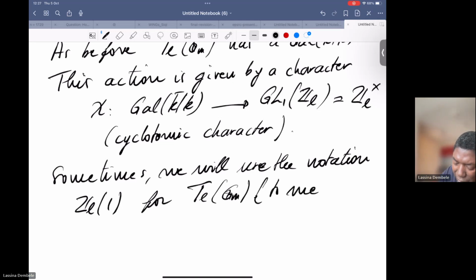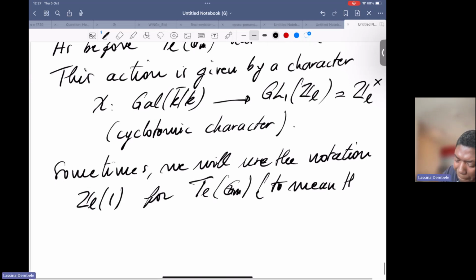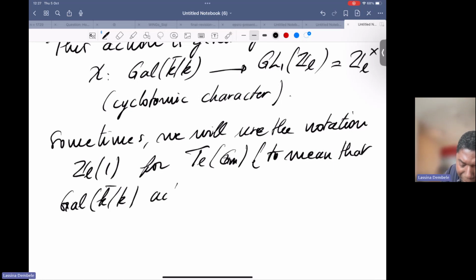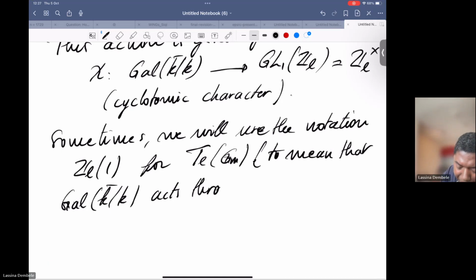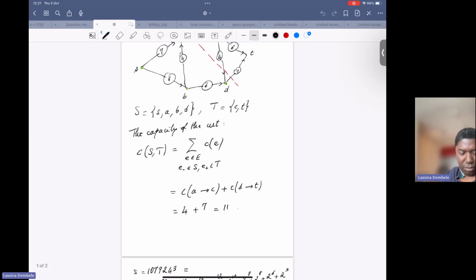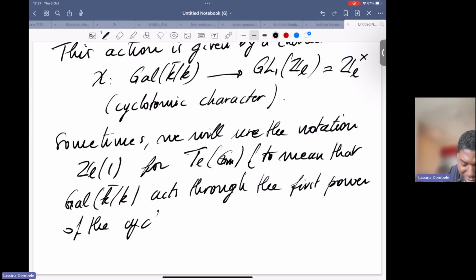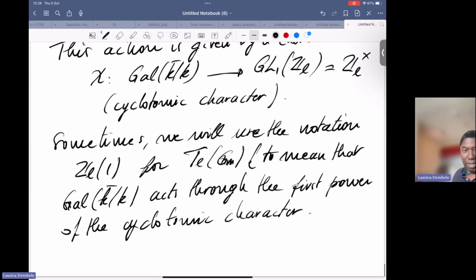So to mean that Gal(k bar over k) acts through the first power of the cyclotomic character, that's what the notation will mean in this case.